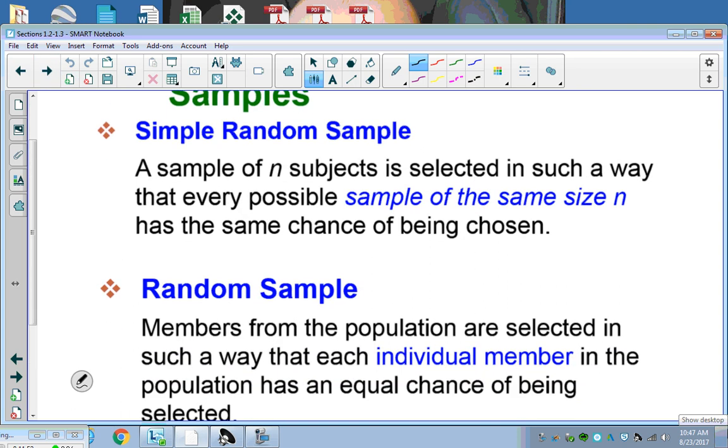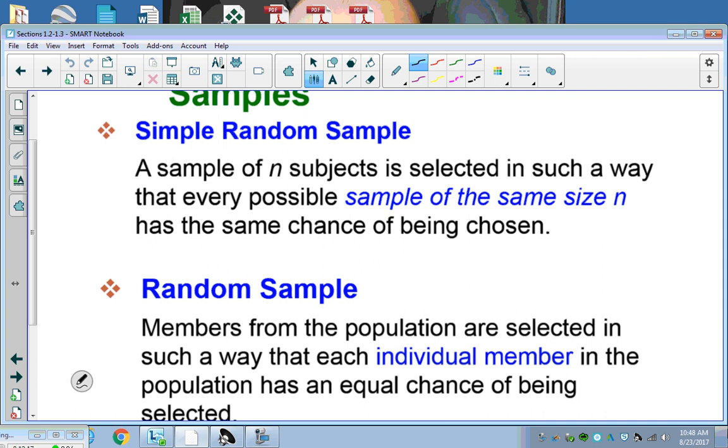Simple random sample. The number of subjects, whatever that number needs to be, is selected in such a way that every possible sample of that size has the same chance of being selected.